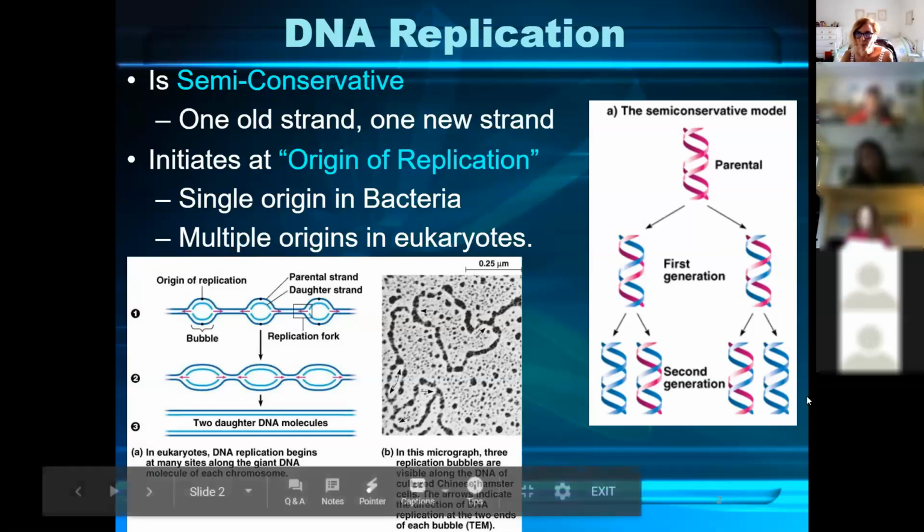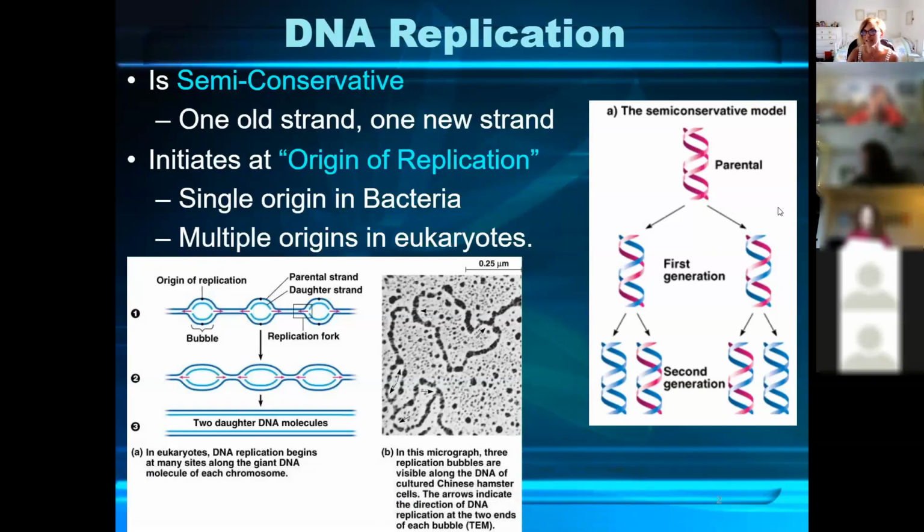So he made one set of nucleotides heavy, and he was able to follow where those new nucleotides being added in were. So he could see there was a 50% heavy isotope and a 50% of the regular isotope in the first generation. And so that led him to the whole semi-conservative concept, in that one of the DNA strands is conserved and one is replicated. That's something you guys already know.